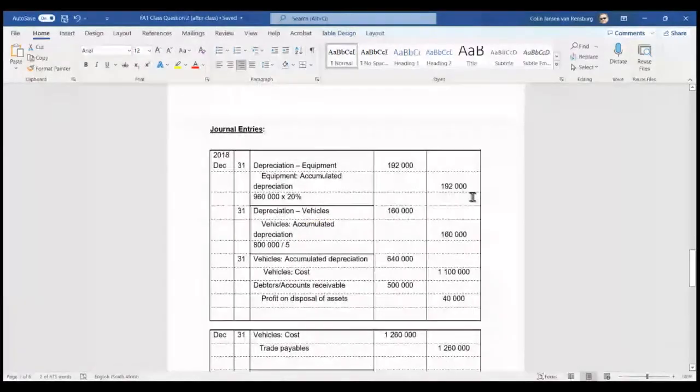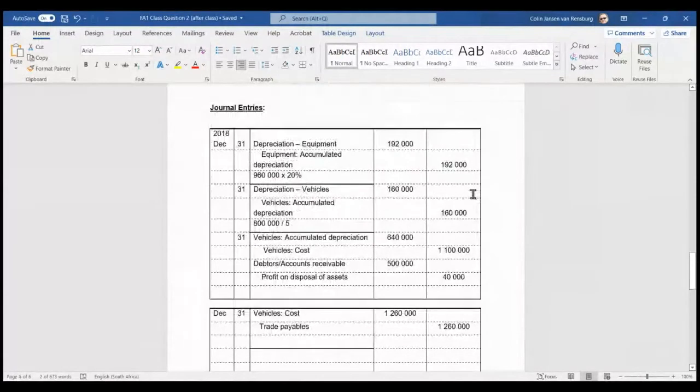Maybe we can just go to that journal again. We credited that account, vehicles accumulated depreciation, with a further 160,000 rands, right? So what is the balance now at the 31st of December on that account? It is 640,000, right? There we can see it.